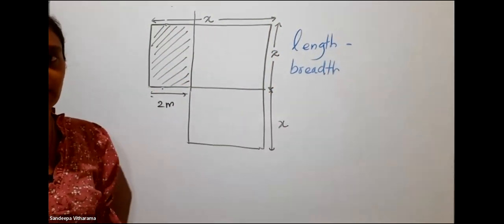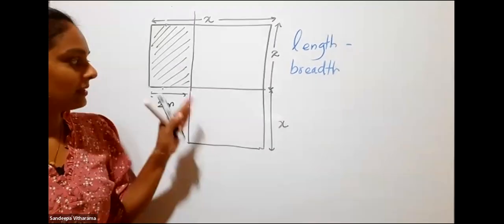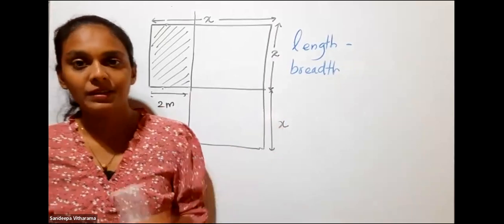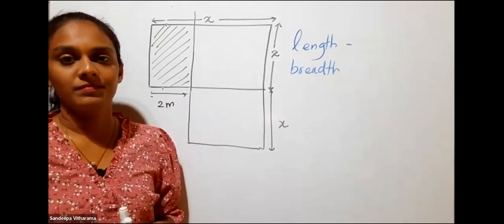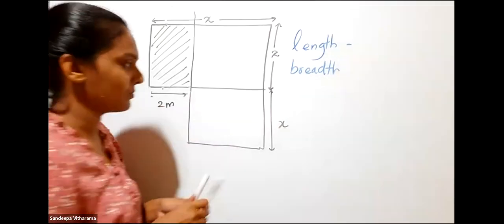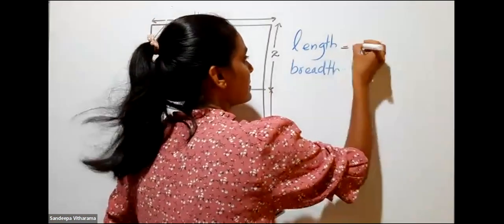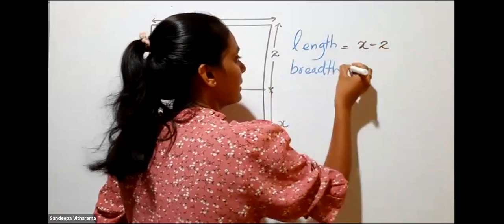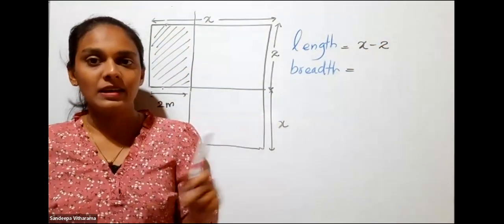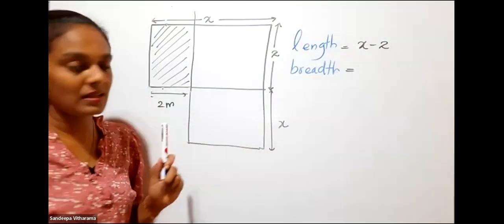x minus 2. 2 meters were reduced. Then what is the new length? x minus 2. Very good. It should be x minus 2. Okay. Breadth. It was 2 meters and x meters was added.